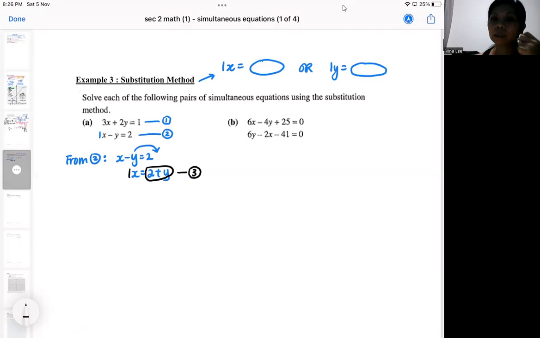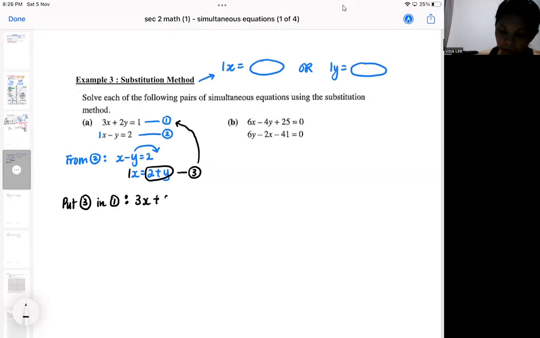So I'm going to do the substitution. I'm going to substitute the x into equation 1. So I'm going to put number 3 into number 1. What do I mean by putting number 3 into number 1?